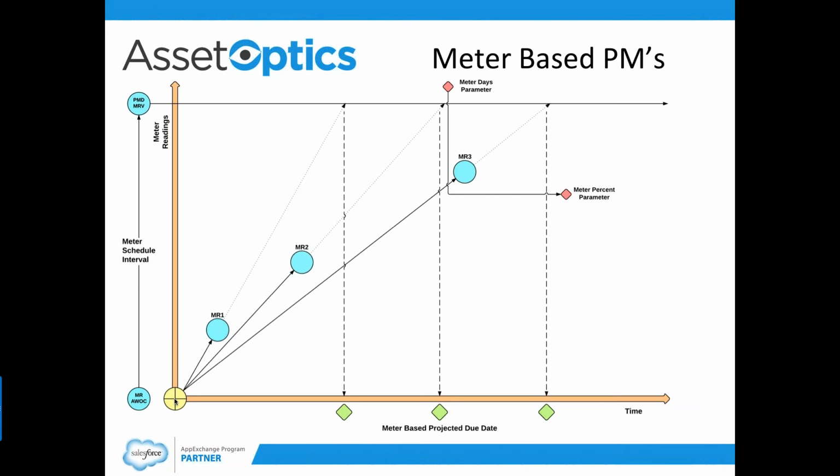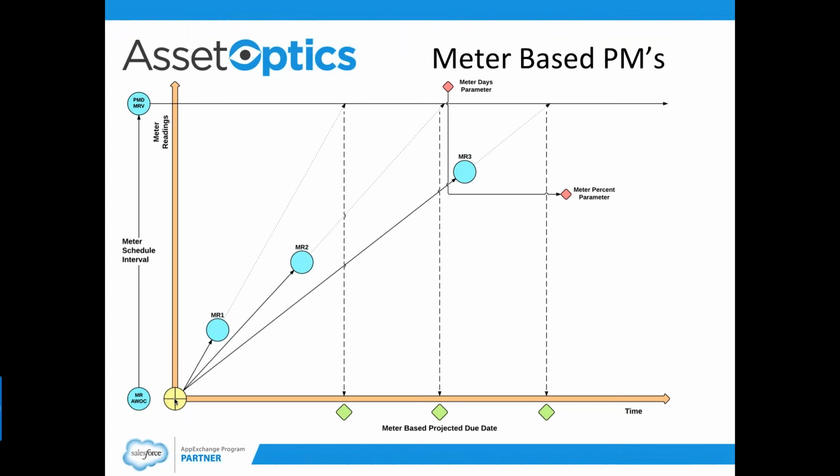From a best practices perspective, whether you are on a browser or on a mobile device, if your meters are not being updated on a very frequent basis, even on your mobile device in Salesforce One Mobile with AssetOptics deployed to it, you can select the asset on the work order and enter a new meter reading directly at that point in time.